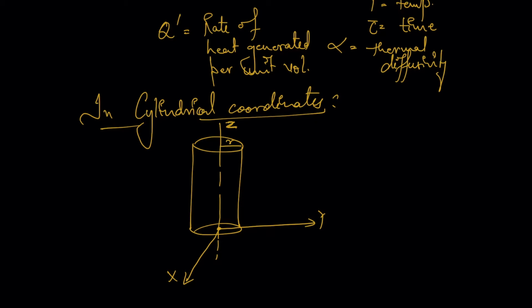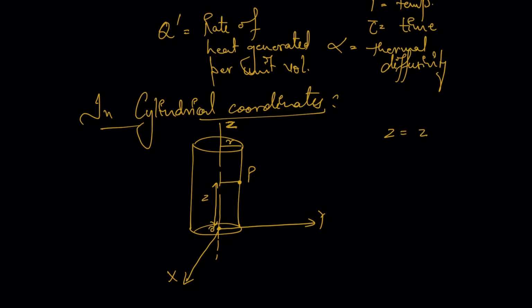Suppose some point P is here, and we need to write the coordinates of this point P. Suppose this is the origin. This point P is z distance above, so we can clearly write the z coordinate is equal to z.